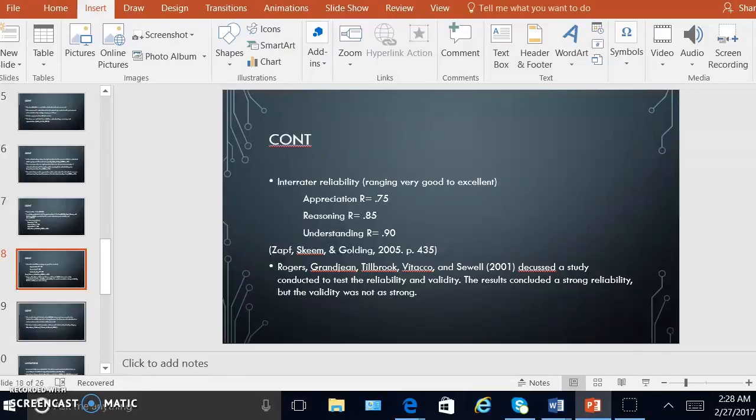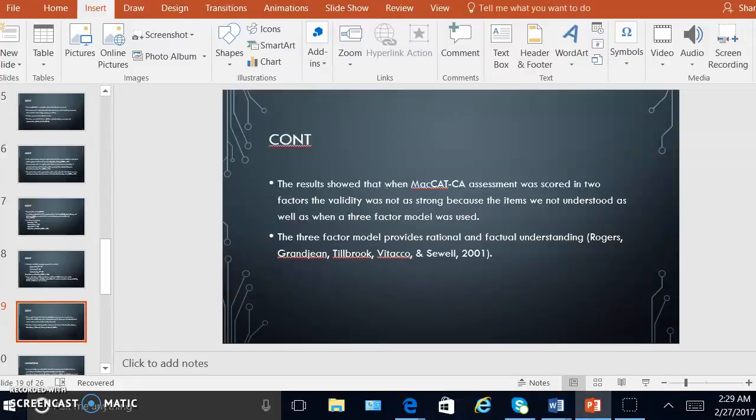In another study that also tested the reliability and validity, the reliability again was very strong, but the validity was not as strong. When reviewing and assessing the scores, there are 2 ways that they do it.